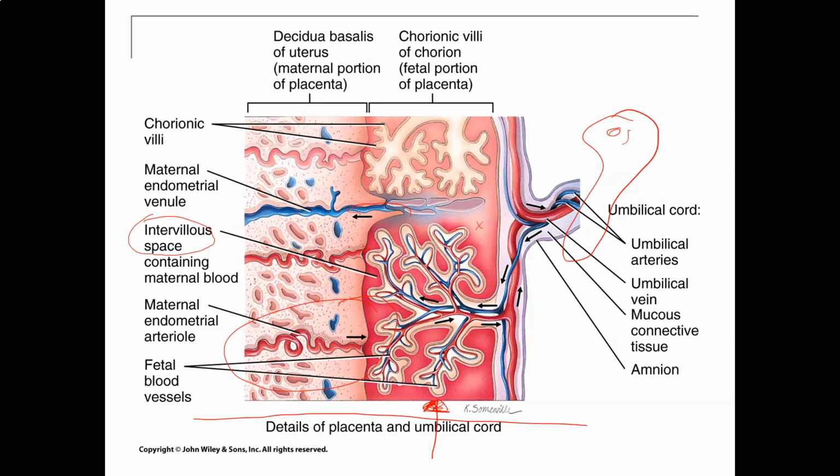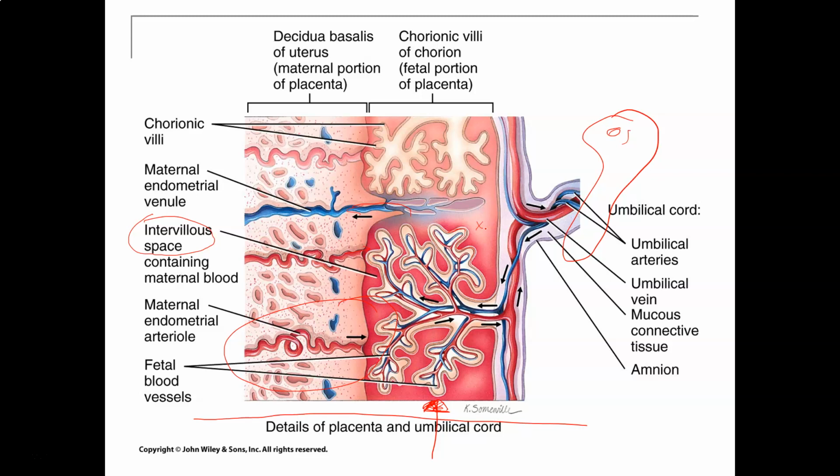These are the main functions of the placenta. Well, nutrients are a major one. So, after the material in the egg is used up and the yolk sac is diminished, and the secretory glands in the uterus are not providing enough nutrients anymore, the placenta takes over as being the nutrient source.